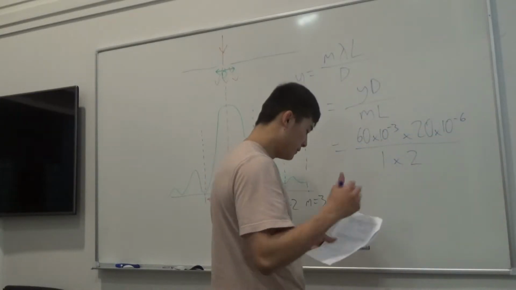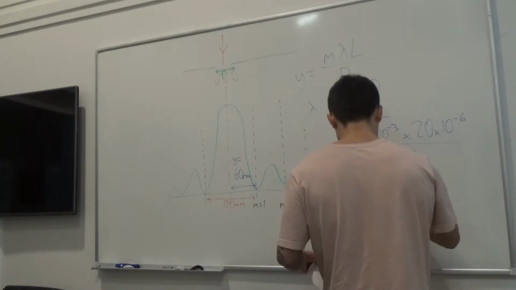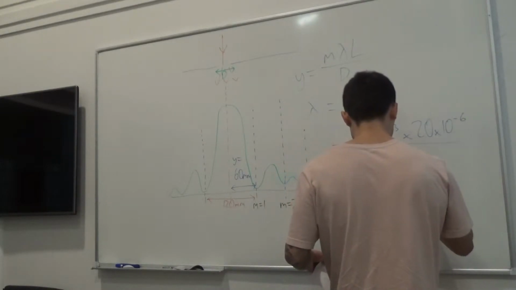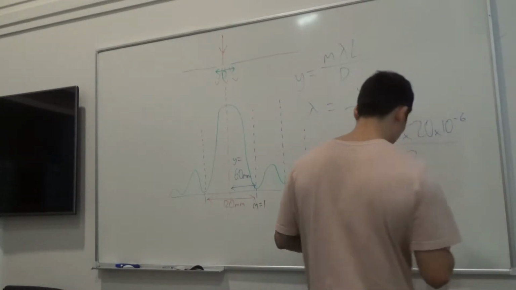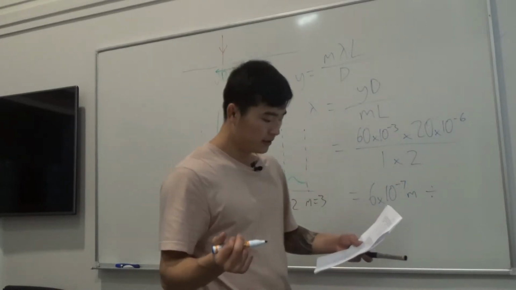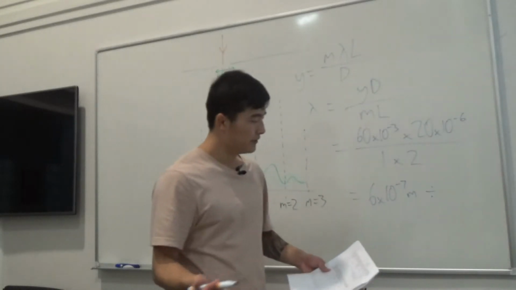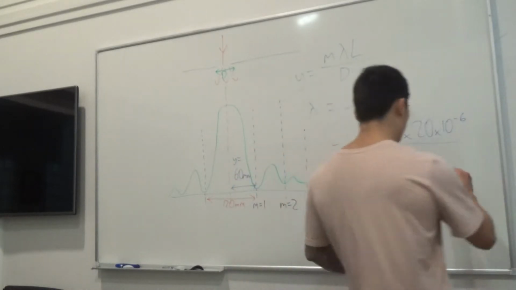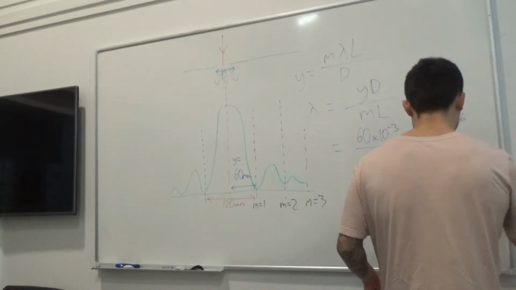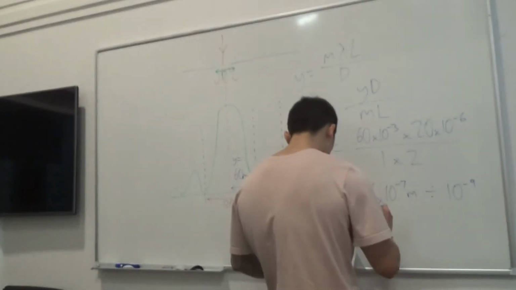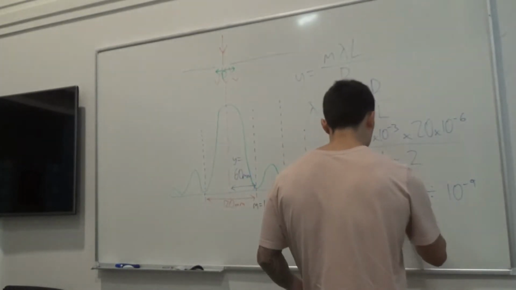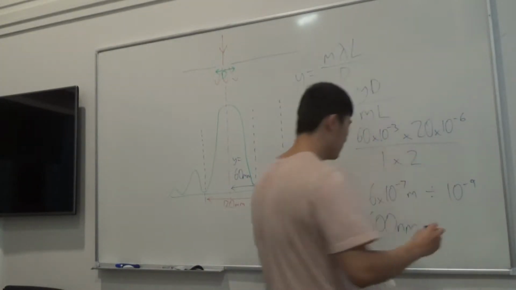That will give you 6 times 10 to the negative 7 meters. If you want to turn that into nanometers, you divide by the prefix nano, which is 10 to the negative 9, and that will give you 600 nanometers.